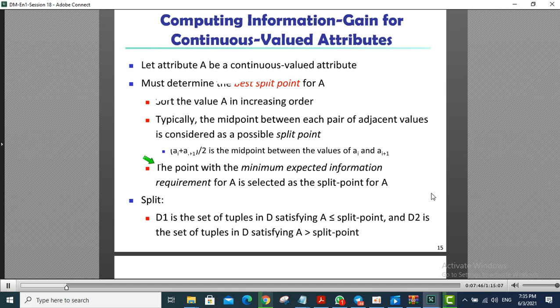To solve the problem, we say that we should choose points with the minimum expected information requirement for A. So the split point for A is the point with the minimum expected information requirement.